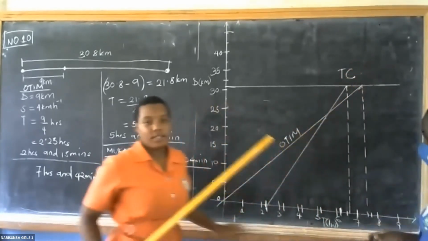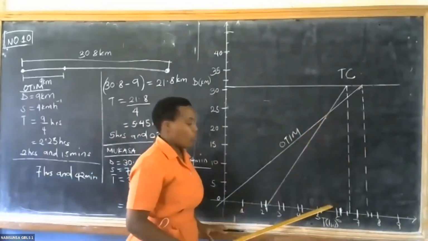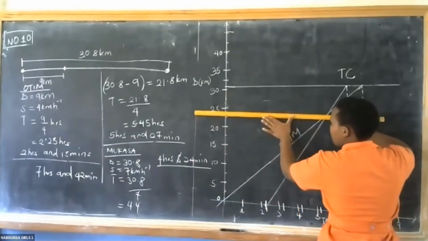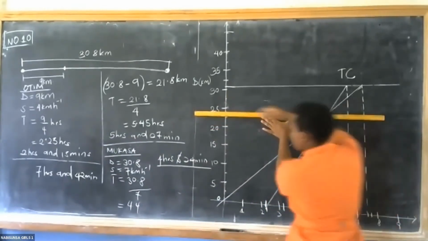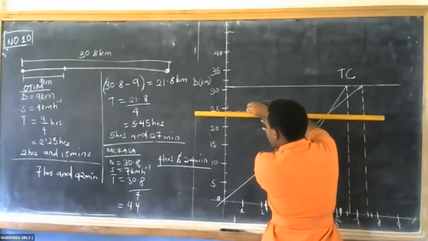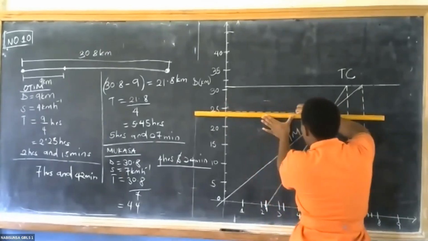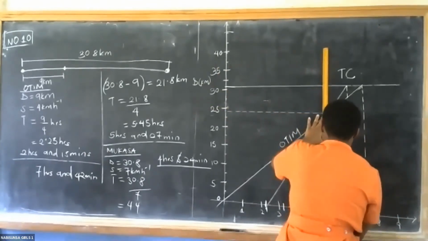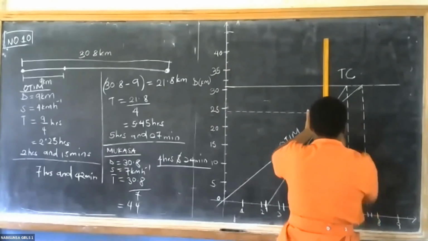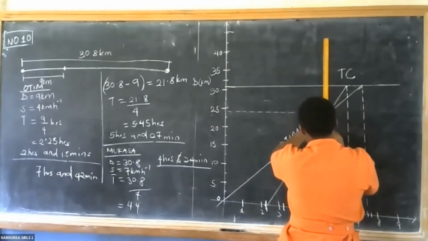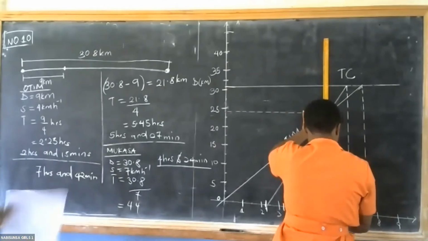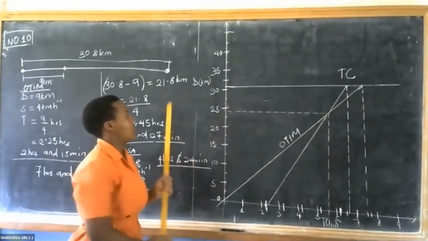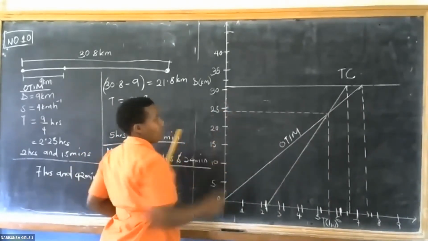So we want to find the distance and the time where Mukasa overtook Otim. So we come to another distance and find the distance. This is about 24.